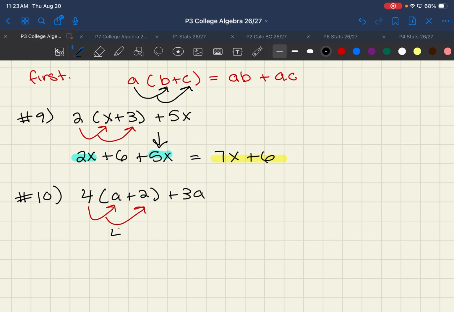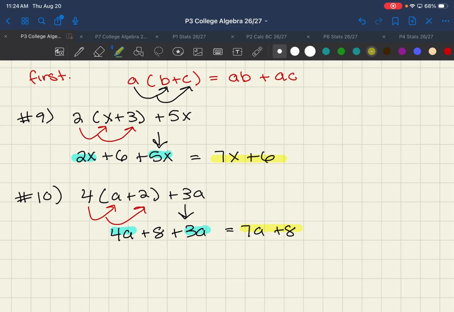Okay, let's do a couple word problems, some applications. Okay, so we have a teacher buys x packs of pencils in the morning and 3x packs in the evening.